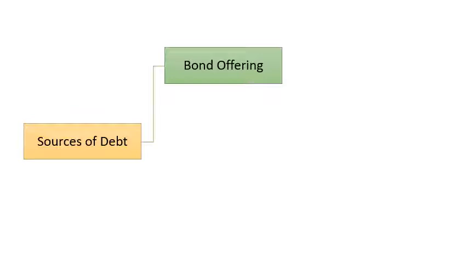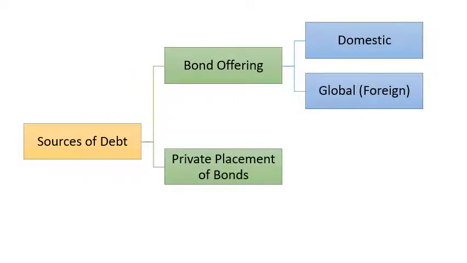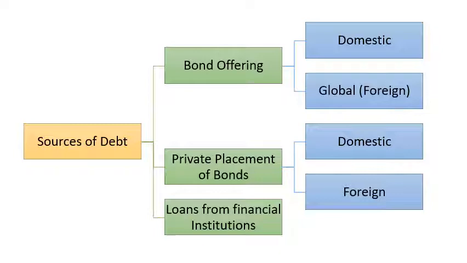It can issue bonds either domestically or globally, and it can issue bonds privately. Alternatively, it can take loans from financial institutions either in home or in foreign countries. Let us discuss each one in more detail in the next slides.